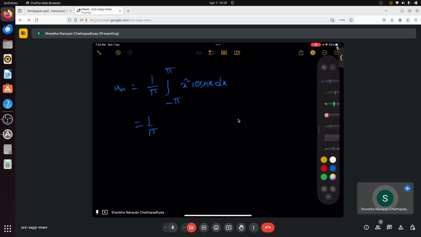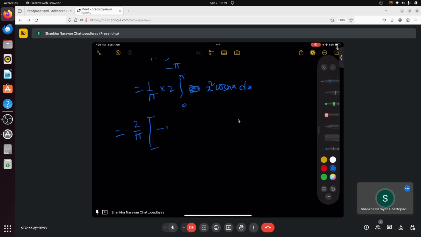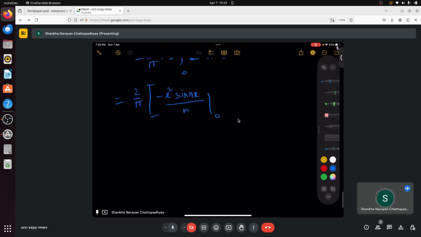Once again an even function, so 2 times integration 0 to pi x square cos nx dx. So that becomes 2 by pi. You apply the chain rule: x square sin nx by n, integration 0 to pi.